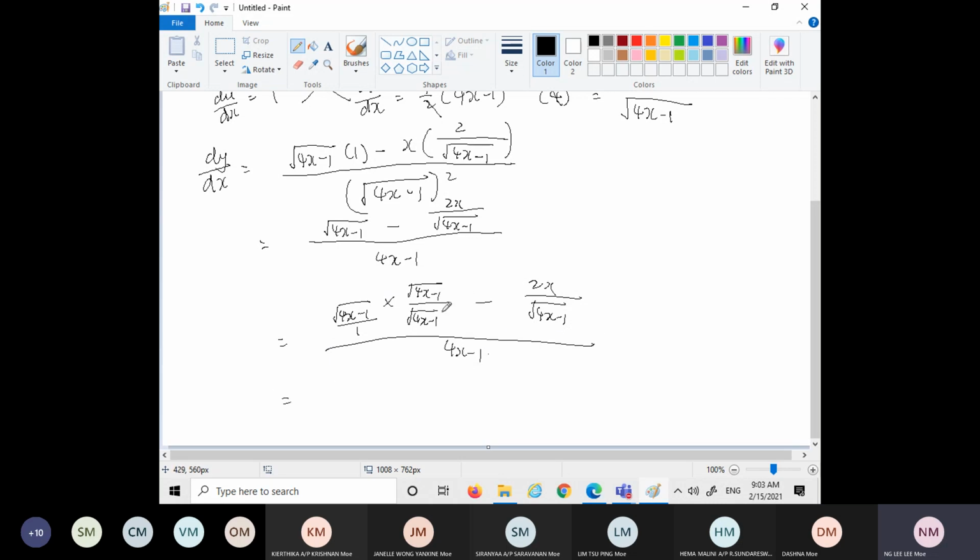Now I have the same denominator already. This and this, same thing like just now, square root a times square root a is a. So we will get 4x minus 1, minus 2x, over 4x minus 1.